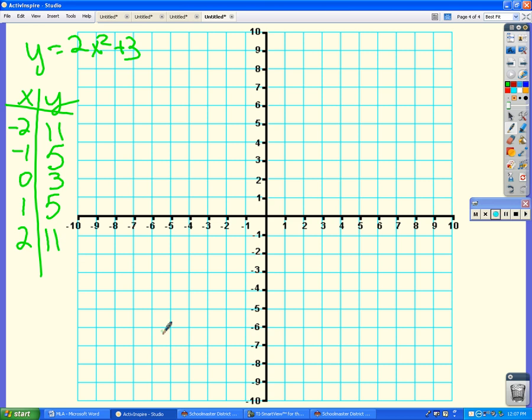So once again, I have issues here with my graph, but we'll work through it. I go -2, 11. -1, 5. 0, 3. 1, 5. And 2, 11.